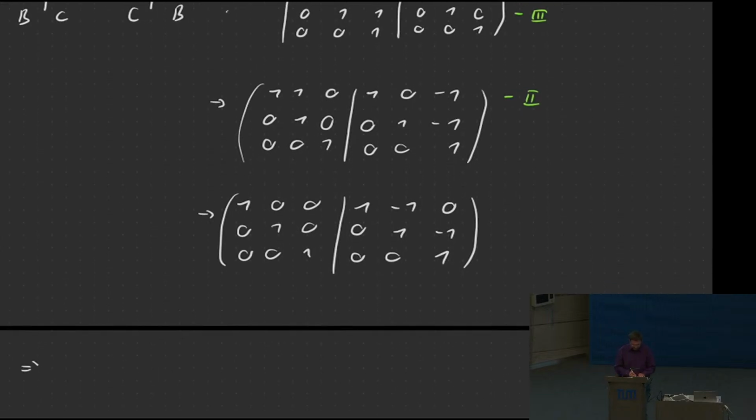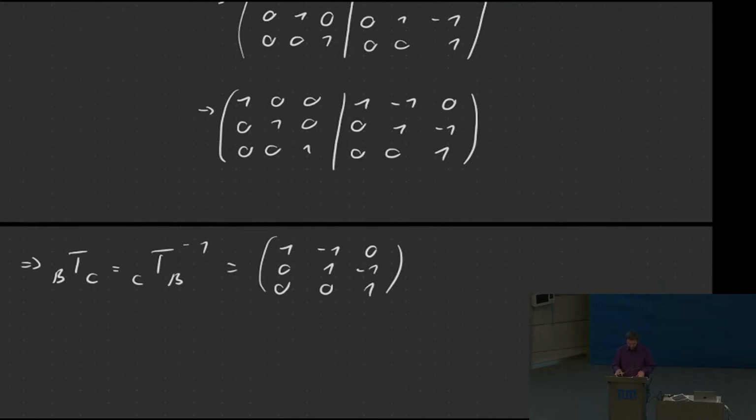Okay, so this is our inverse: 1, 0, 0, minus 1, 1, 0, 0, minus 1, 1. Very nice.